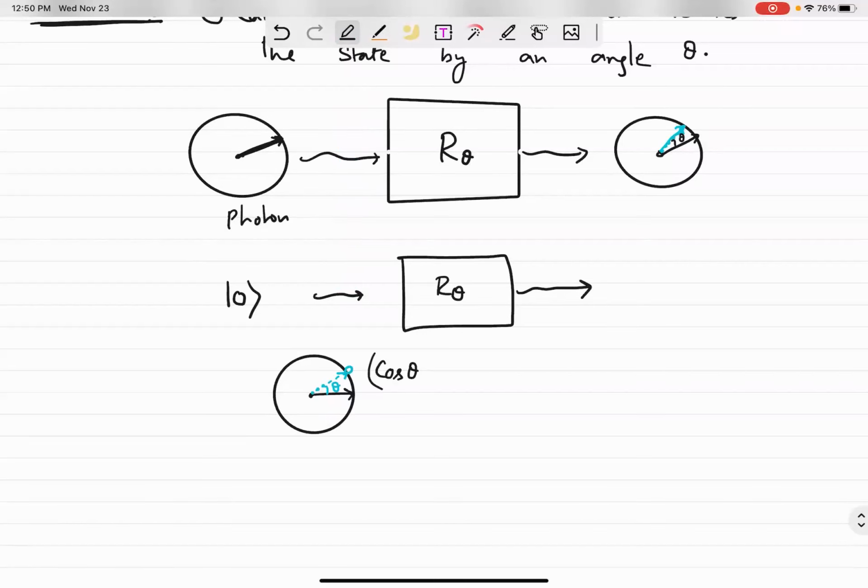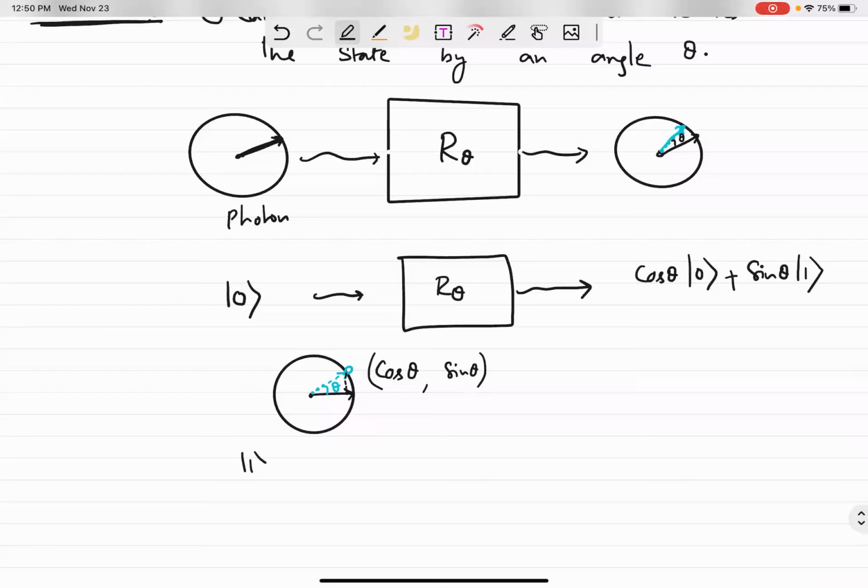So it's cos theta comma sine theta, right? Okay, so the projection along the x-axis is cos theta, and the projection on the y-axis is sine theta. Okay, so what you get out is cos theta times 0 plus sine theta times 1.